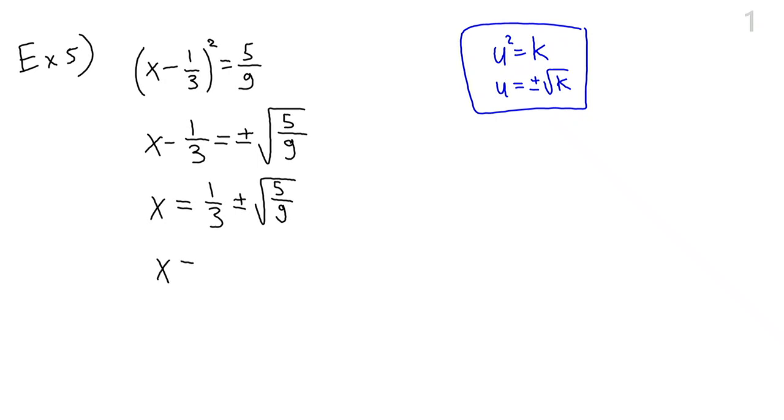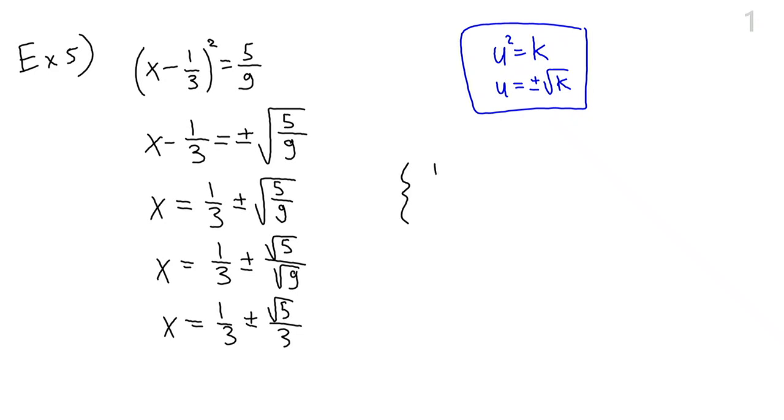That radical, this is x equals 1/3 plus or minus radical 5 over radical 9. So x equals 1/3 plus or minus radical 5 over 3. And so I have my two solutions, 1/3 plus radical 5 over 3 and 1/3 minus radical 5 over 3.